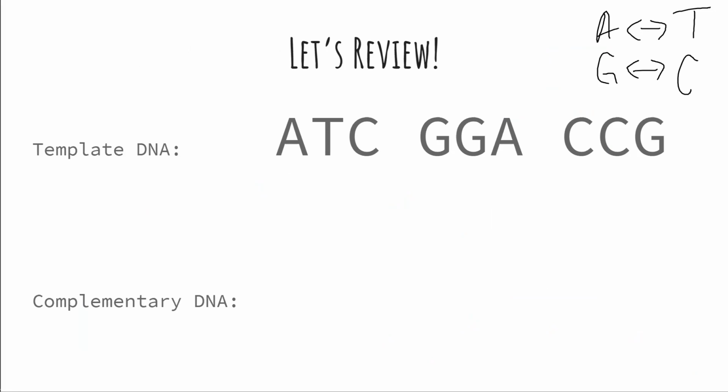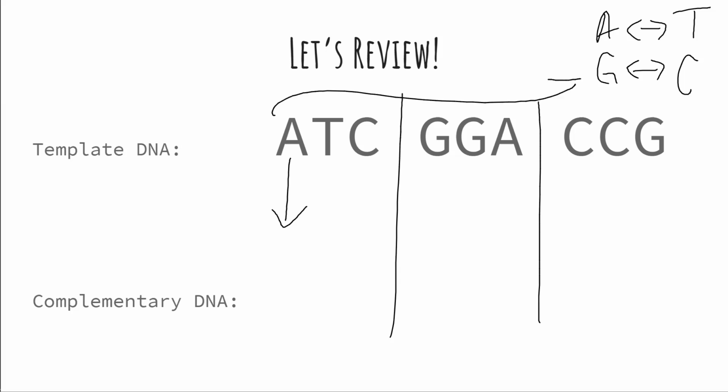DNA is double-stranded, and you must have a complementary base pair on the other strand. So let's figure out our complementary DNA strand from our template strand. What does A pair with? Refer back to our legend.